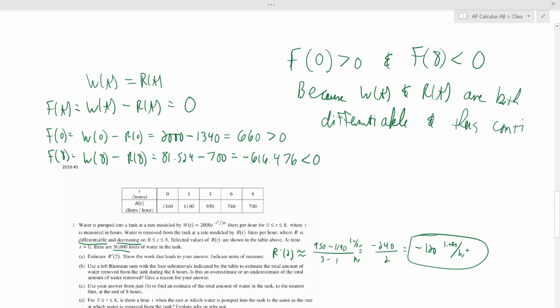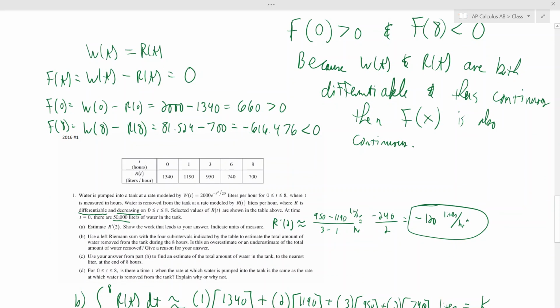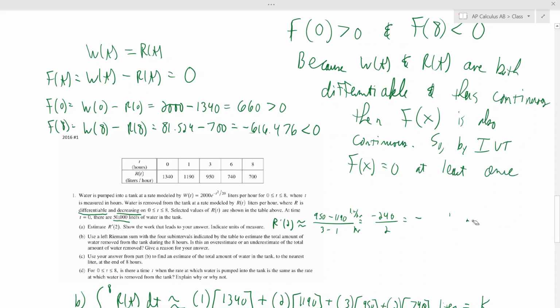Then f, because f is just made up of W and R, is also continuous, and differentiable. We just care about continuity right now, okay? All right. So, by IVT, f of t equals 0 at least once. So it has to happen at least one time.